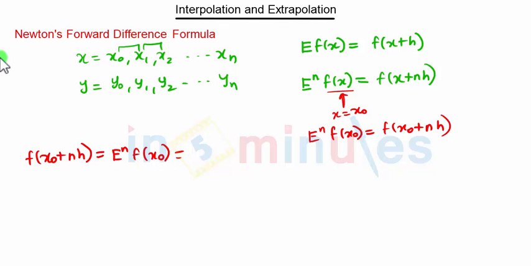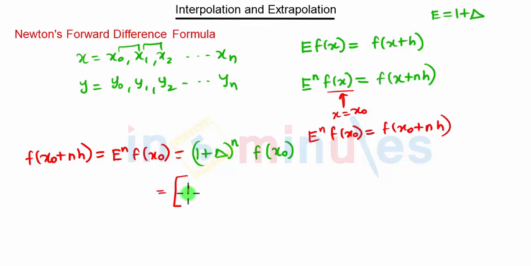What is E? We know that E is nothing but 1 plus delta. So we can write this term as 1 plus delta, the whole raised to n, of f of x0. Here we are going to apply the binomial expansion.